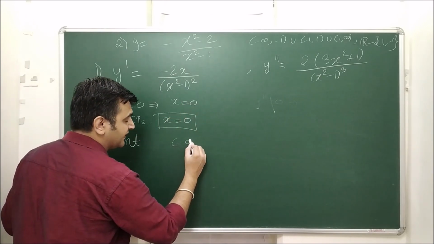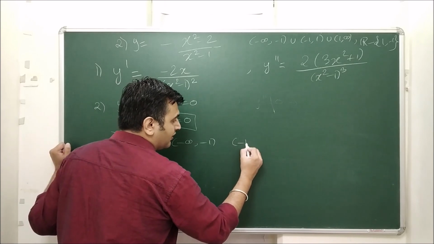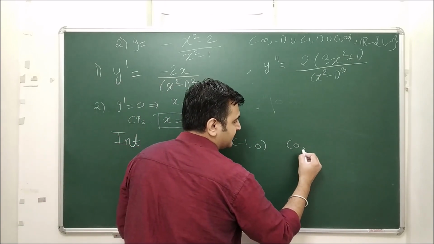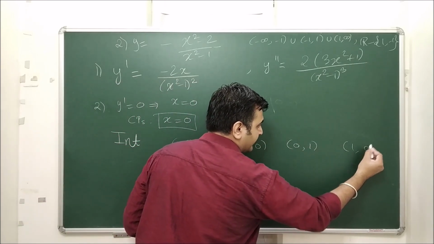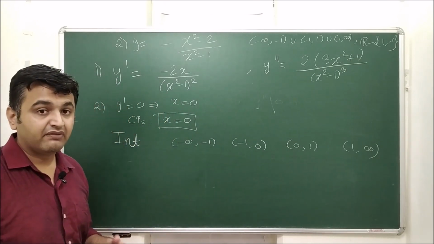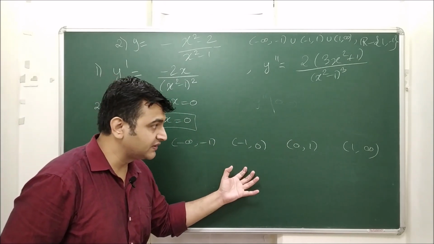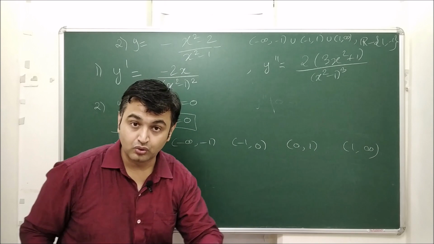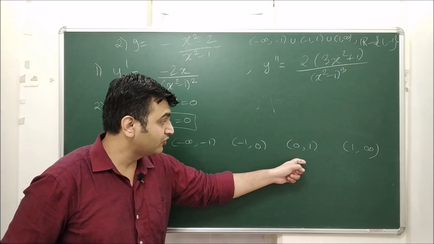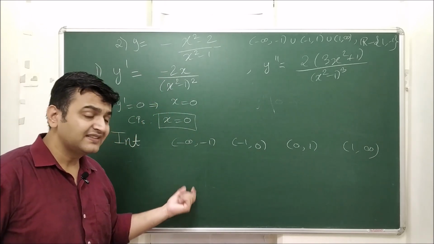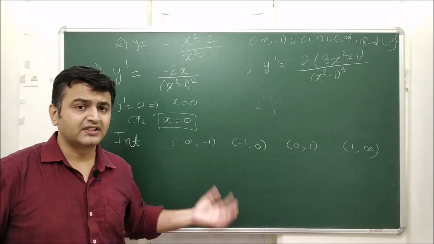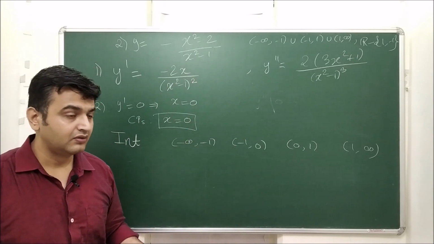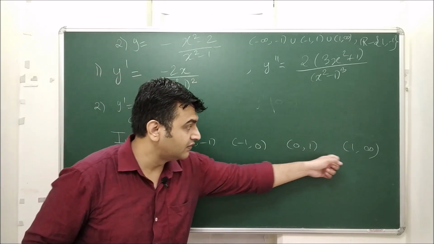So it will be minus infinity to minus 1, minus 1 to 0, 0 to 1, 1 to infinity. Many people have the habit of writing minus infinity to 0 and 0 to infinity. No, you should also include minus 1 and 1 because they are not in the domain. You can't say minus infinity to 0 because at minus 1 the function is not defined. So you have to take care of these points as well.